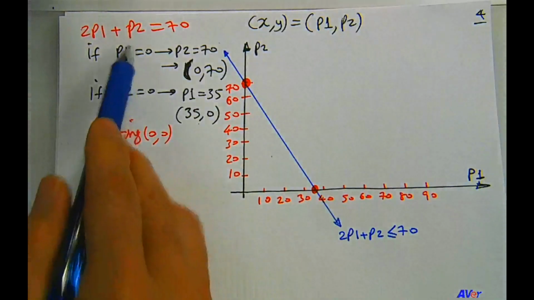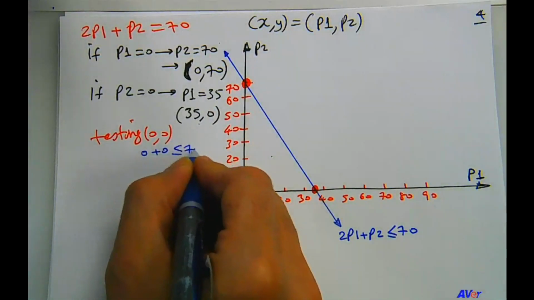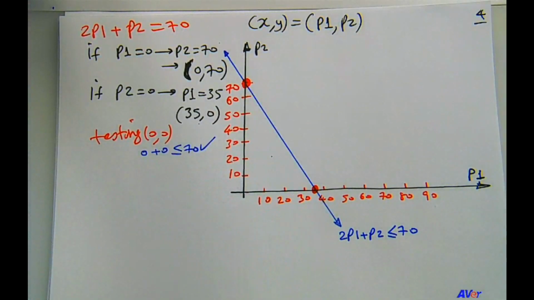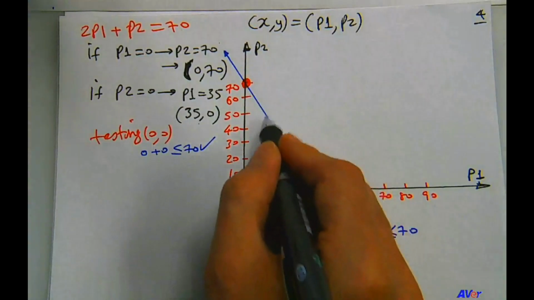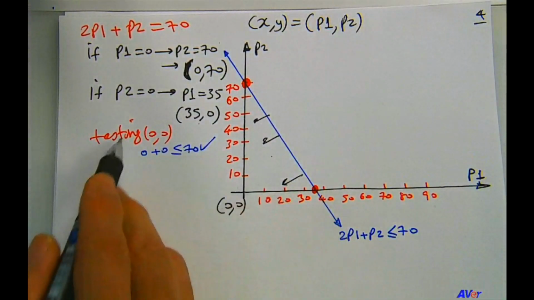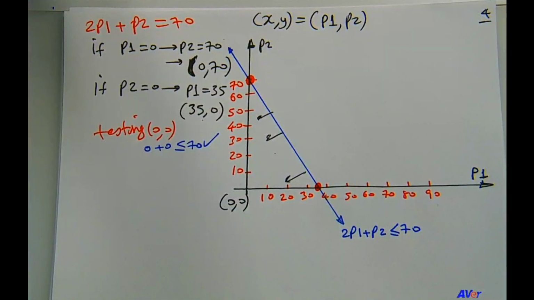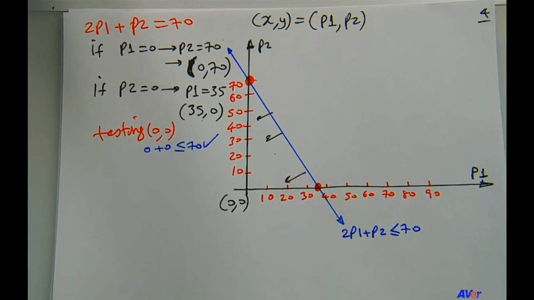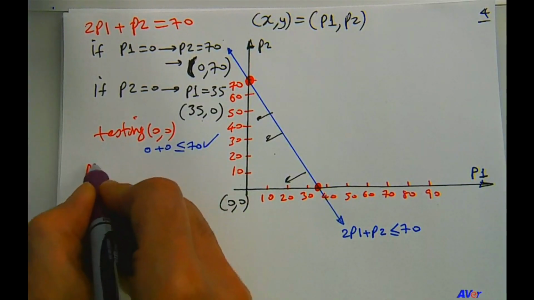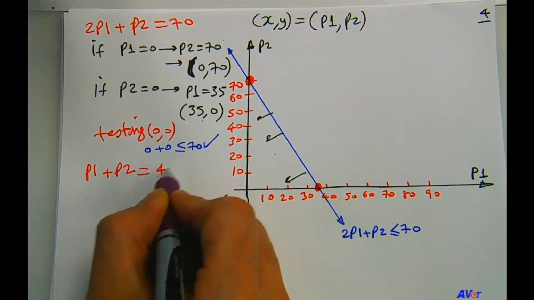If you plug that into this inequality, you get 0 plus 0 less than or equal to 70, which is correct. So the same side as the test point, which is 0, 0, is the solution, right? Okay, so let's plot the other constraint, which was P1 plus P2 equals 40.